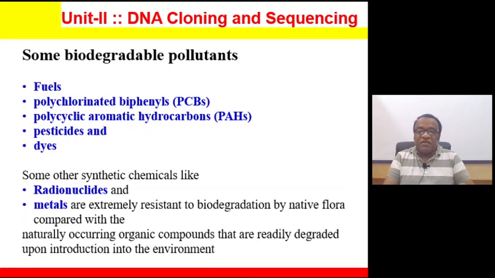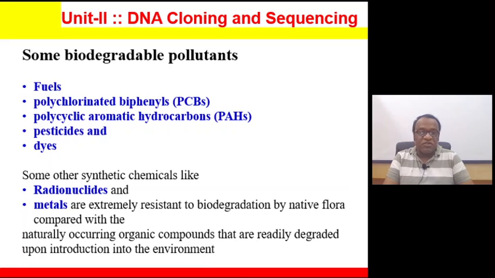Then we have the synthetic chemicals, the radionuclides. A radionuclide is an atom with an unstable nucleus characterized by excess energy available to be imparted either to a newly created radiation particle within the nucleus or via internal conversion.